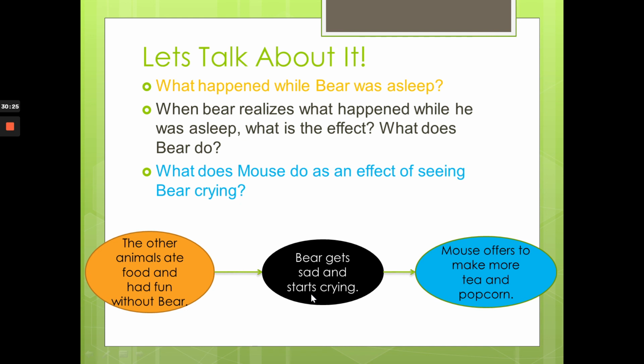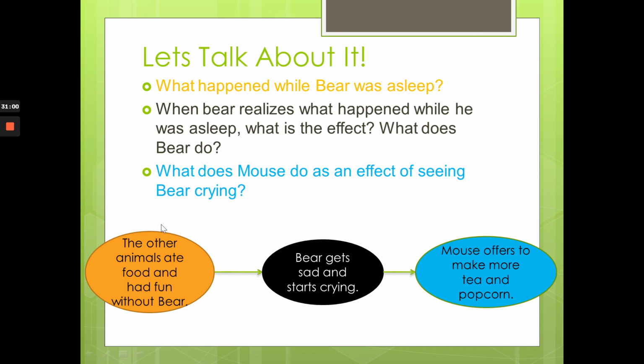Now, in this example, we can see that one cause can have multiple effects, and one effect can be the cause of something else. Specifically, because the animals ate food and had fun without Bear while he was in his cave sleeping, when he wakes up, he gets sad and starts crying, and then Mouse offers to make more tea and popcorn.